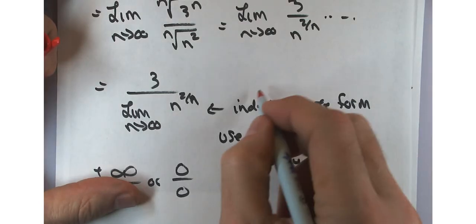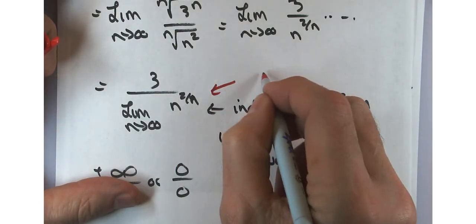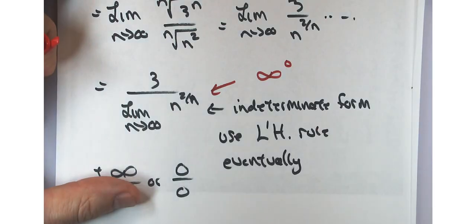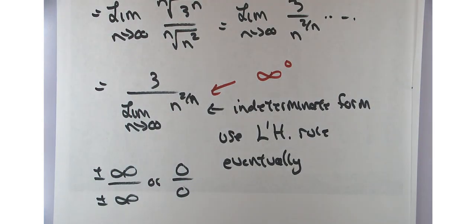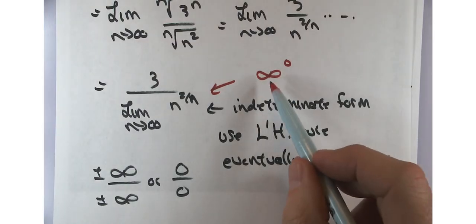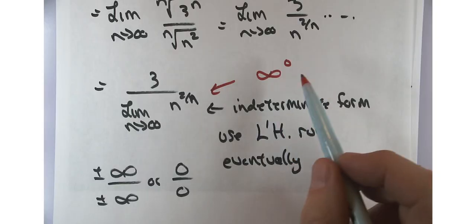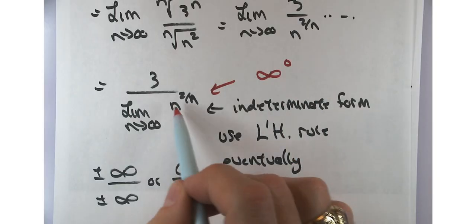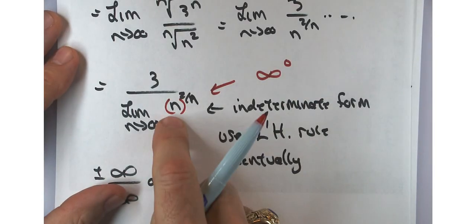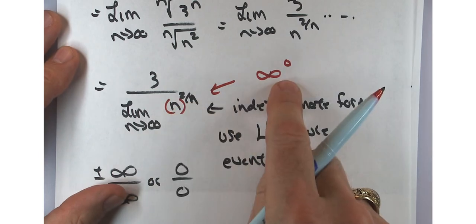What you get in the denominator would really look like infinity to the 0 power. And it's tough to tell which of those is going to win. Something to the 0 power is 1, but it's harder to say that when that something is infinity. You're getting infinity to the 0 power.